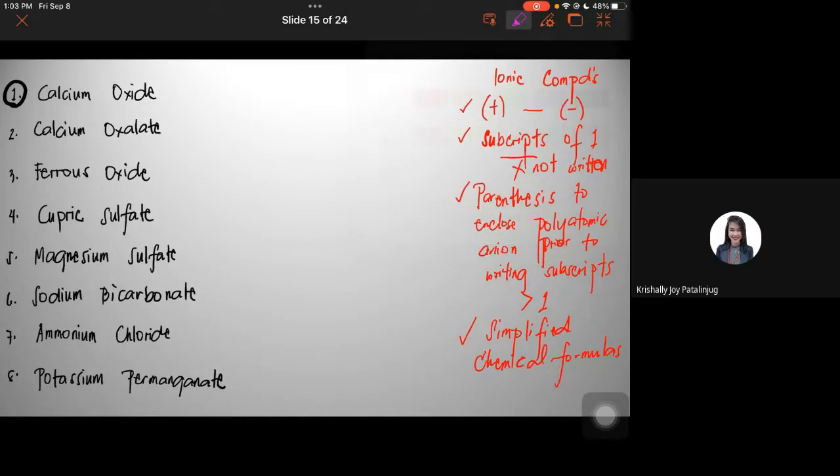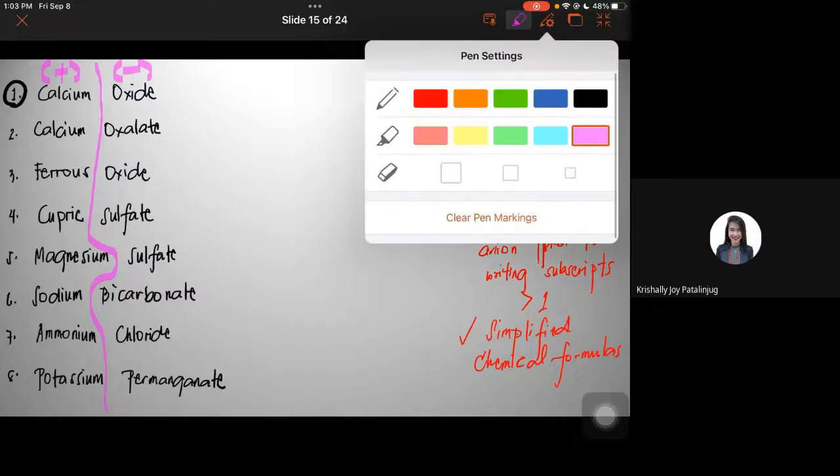Recall, based on the first note I have provided, in the order, cation comes first, followed by anion. These are all cations, the ones written on the left side. And the ions on the right portion are the anions, negatively charged atoms.